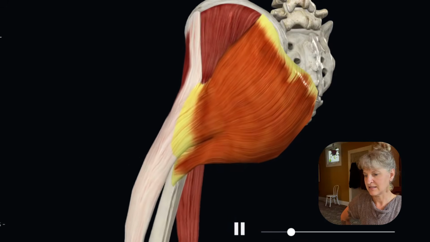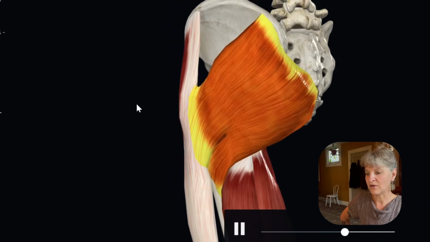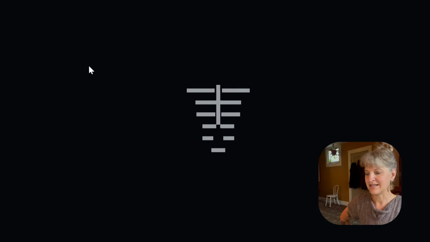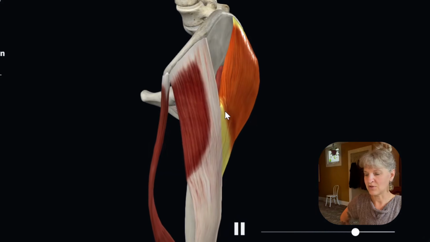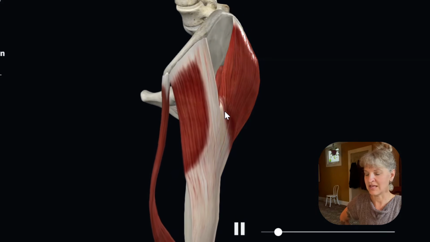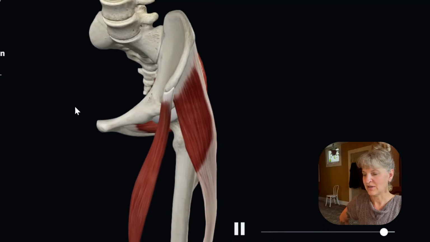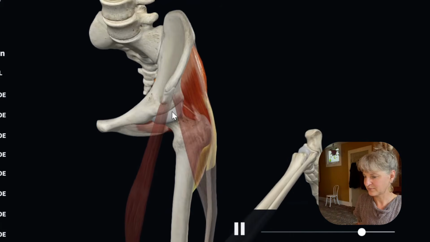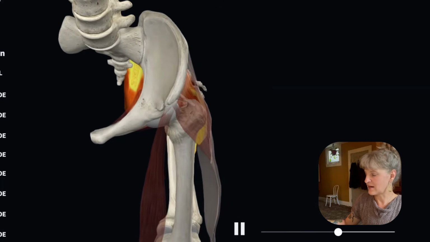It's kind of like the deltoid of the hip. The front fibers will flex and medially rotate the hip, and the back fibers will extend and laterally rotate the hip. So it can do both things. Glute medius gets used for a lot of things.